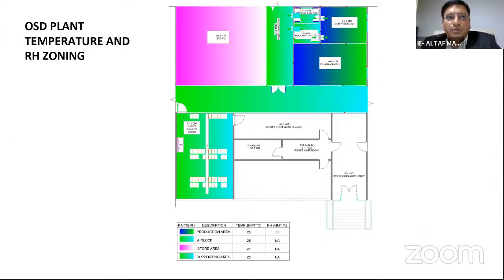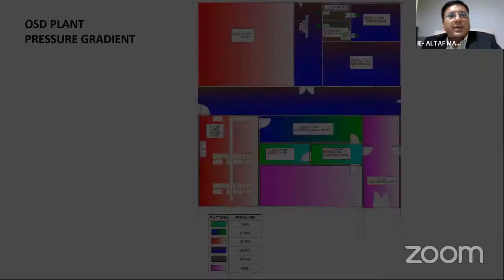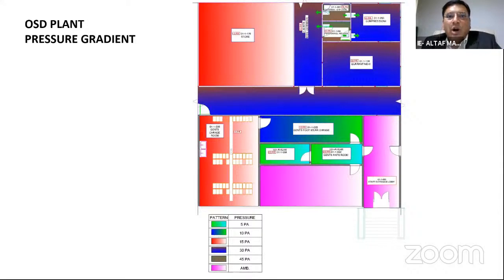Now, if we move to the same OSD plant, how will the pressure gradient move in oral solid dosage plants? You will see that the main production areas, for example compression here, are negative, and their immediate airlocks, personal airlock and material airlock, are positive pressure airlocks.